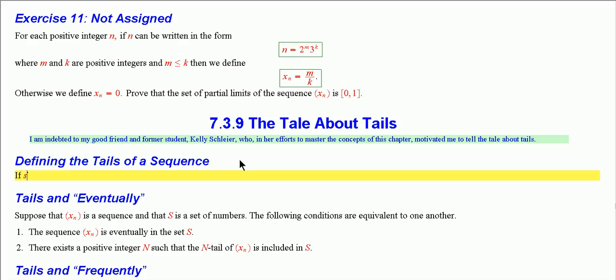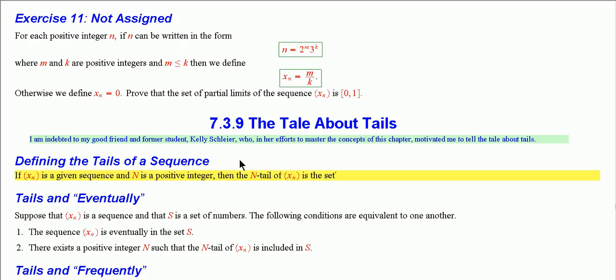If sequence xn is a given sequence and big N is a positive integer, then the so-called big N tail, spelt that way, of the sequence is the set.